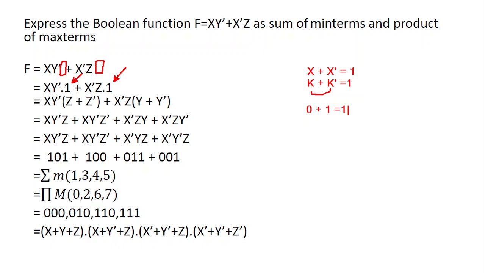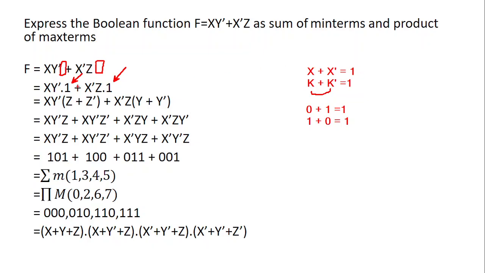Answer is 1 itself. If suppose you have 1 here, what is the inversion of 1? It is 0. What is 1 plus 0? It is 1. So whether you have 1 or whether you have 0, when you invert it and then add them together, you always get 1. So x plus x dash is equal to 1.